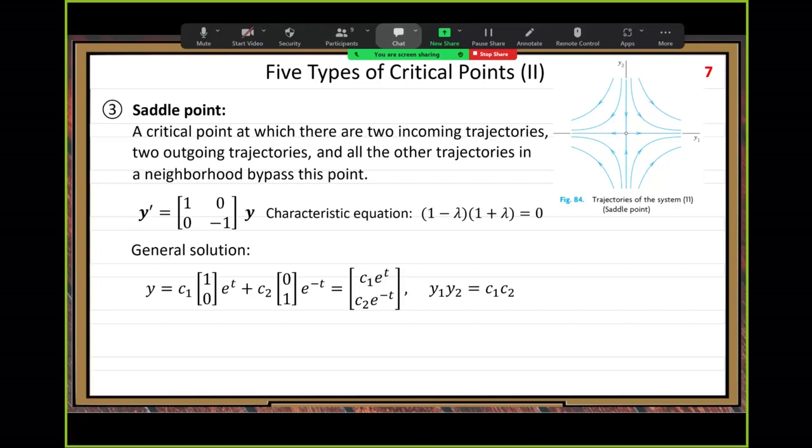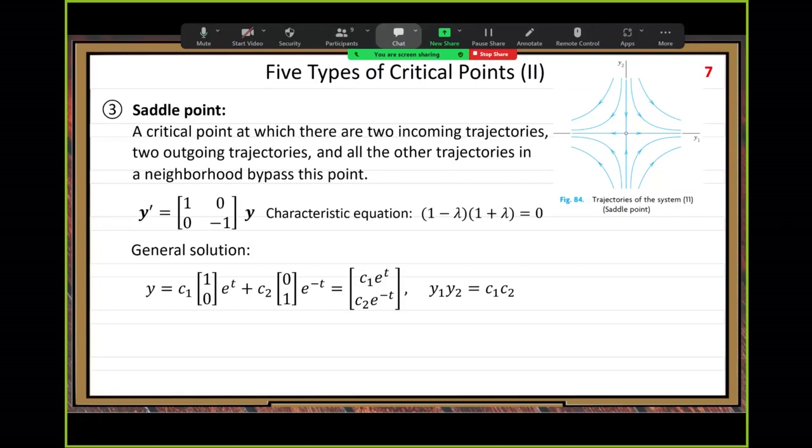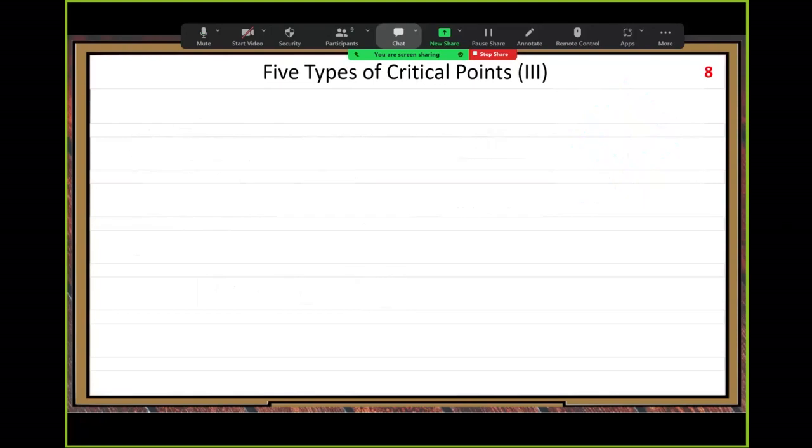Hyperbola. Last time we learned a parabola, so this time hyperbola. You pronounce it better. Hyperbola. So we finished that, number 3.